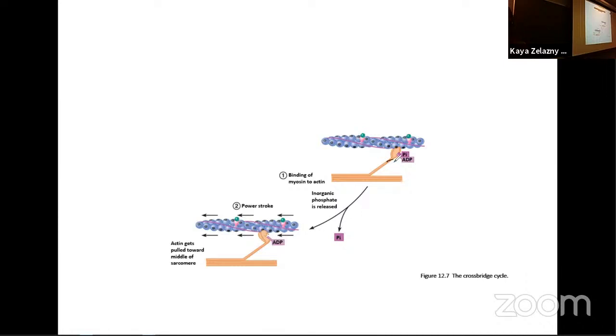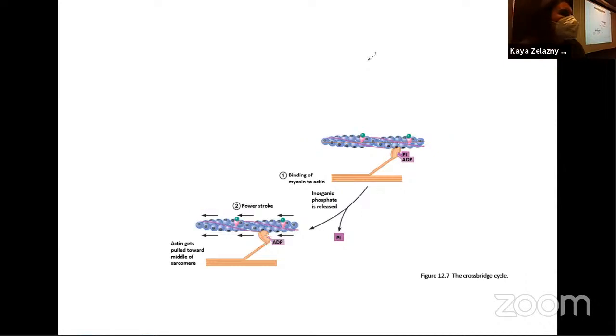It's gone from a position where we have not very much of an angle at the end to a position where we've moved a little forward, right? We made this angle a little sharper. It's kind of subtle in the picture, but we've pushed that head a little bit forward. That's why the arrows are all going this way, because we are already bound onto the actin before we changed the shape. This shoved the whole molecule towards the center, towards the M line, towards the middle of the sarcomere as this changes shape.